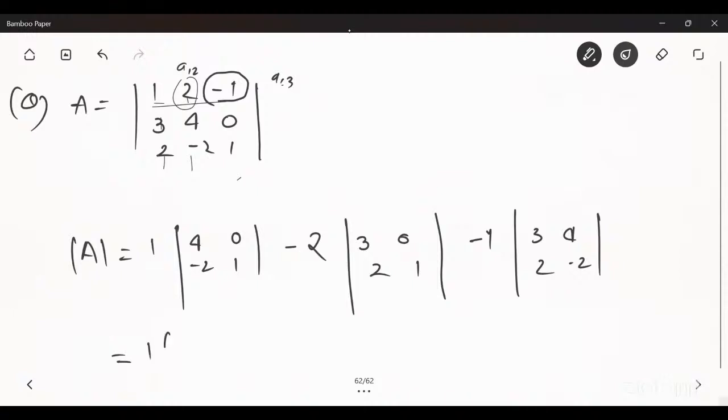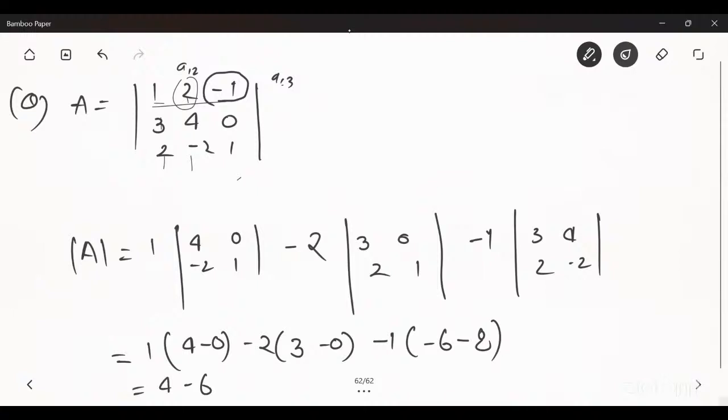You will get 1 into 4 minus 0, minus 2 into 3 into 1 minus 0, so minus 6, and minus 1 into minus 6 minus 8. So 1 into 4 is 4, minus 6, and minus 6 minus 8 is 14, plus 14. So 14 plus 4 is 18, minus 6 is 12. So that's why you will get the value of determinant A as 12.